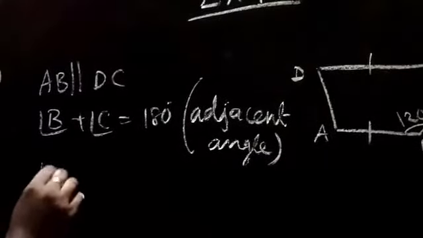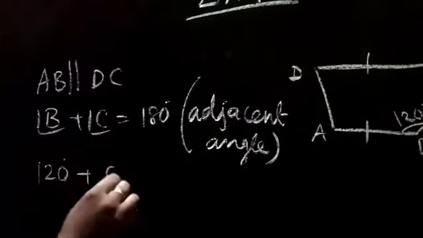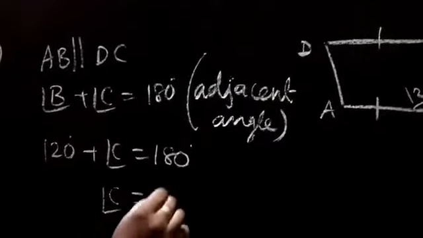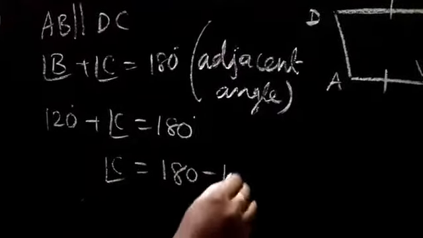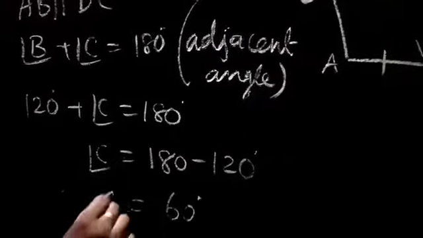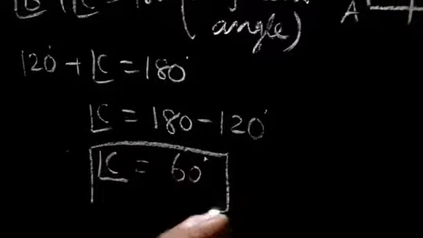Then B angle is 120, they have given. Therefore, for C angle we have to find 180 minus 120. So we will get 60 degrees. Therefore, C angle is 60 degrees.